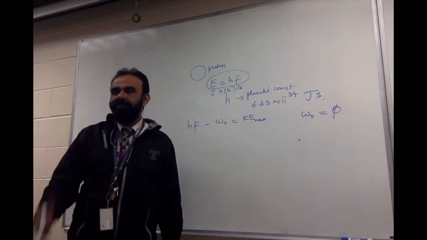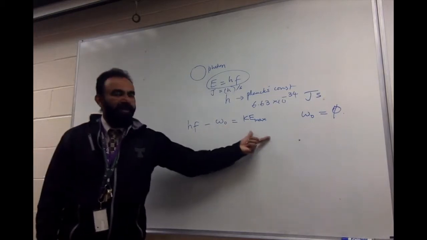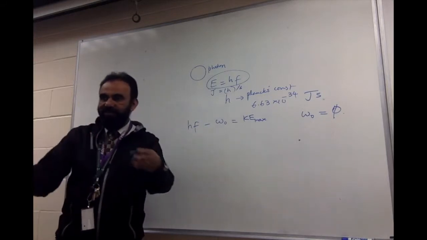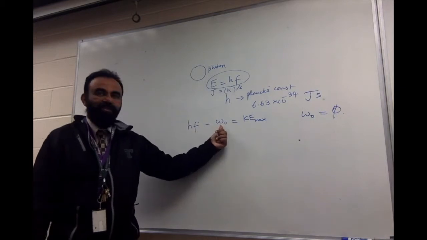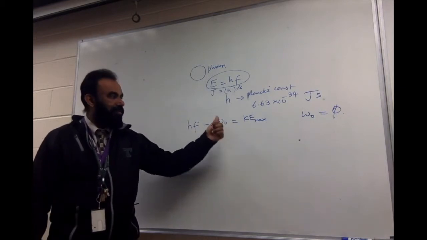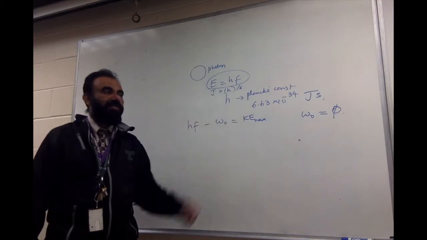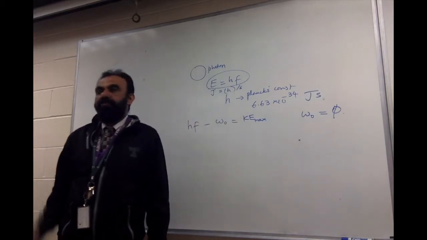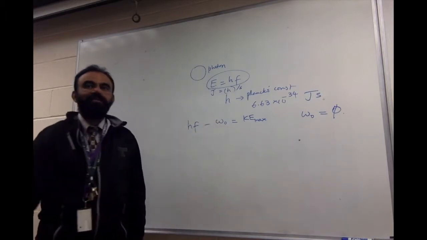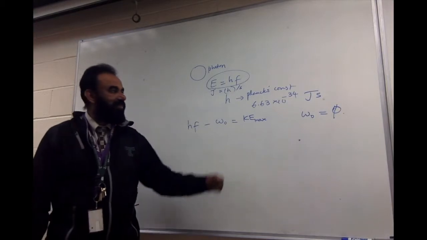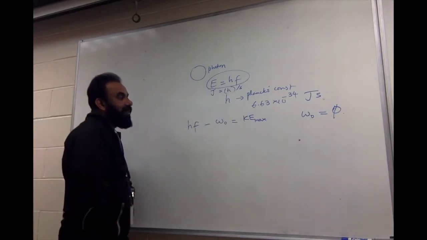The symbol is not the main thing, but the format of the equation will tell you what each symbol stands for. h is always going to be h, and f is always going to be the same, so it's only this symbol that changes. Some books use W naught, some use phi, and I've seen other symbols used for work function. W makes sense because W is for work, but phi is also used. So just keep that in mind.